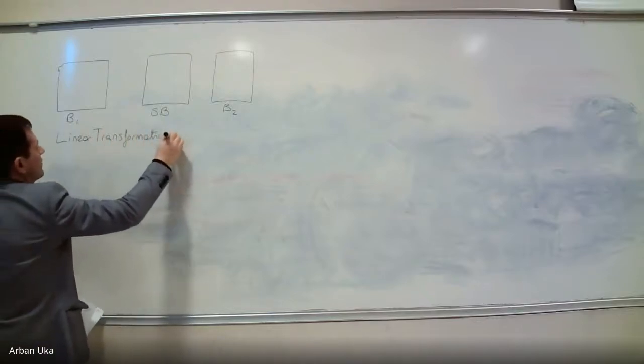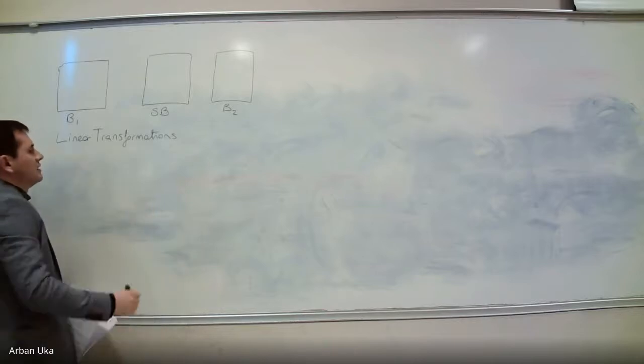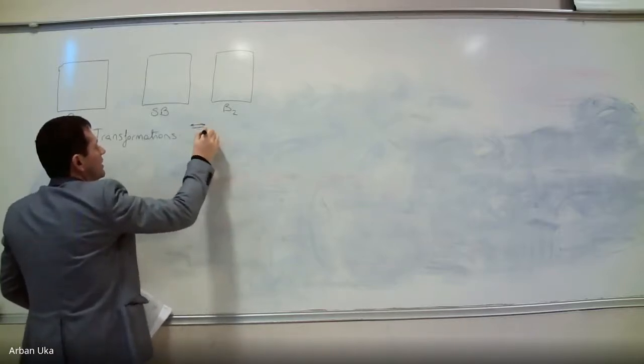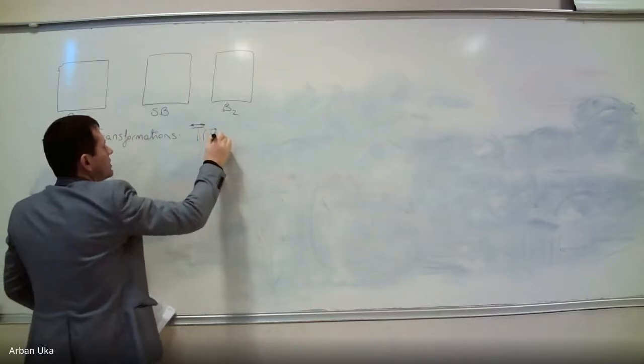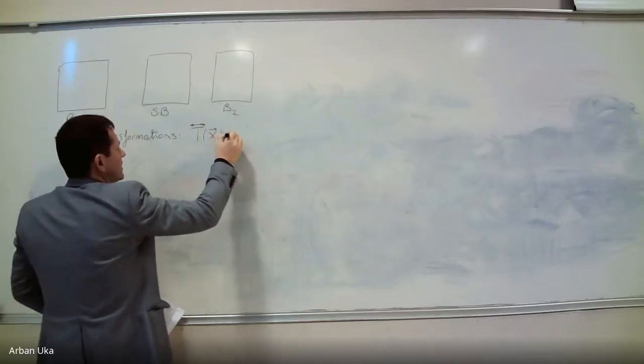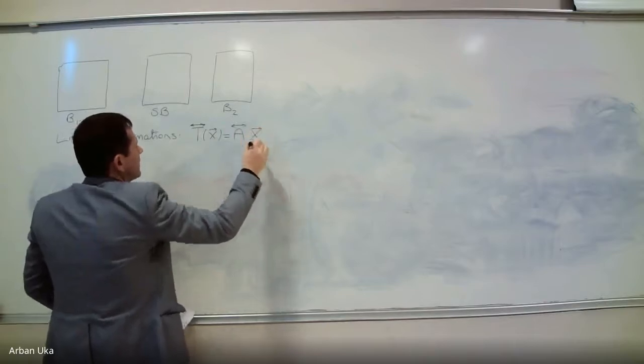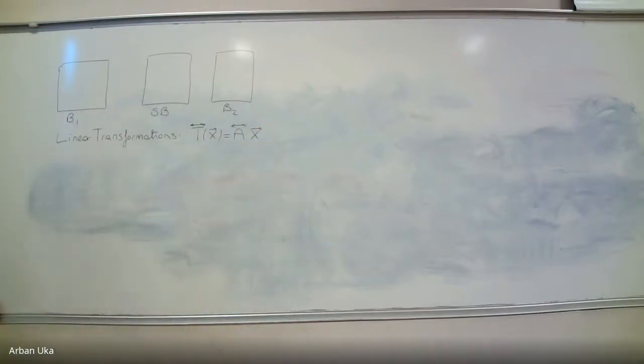A linear transformation is like an operator which operates on a specific vector X or on a data set, and this is equivalent to a matrix A multiplying the vector. This is how we have seen it so far.